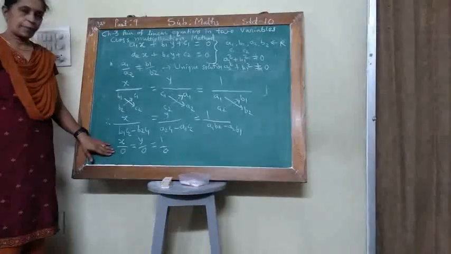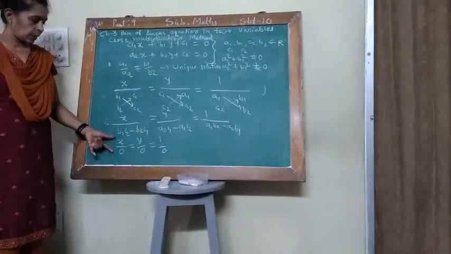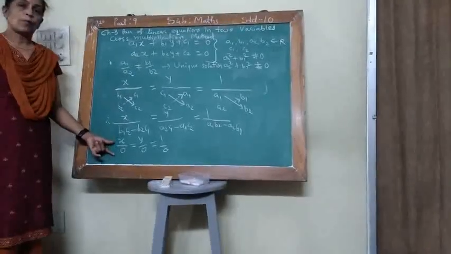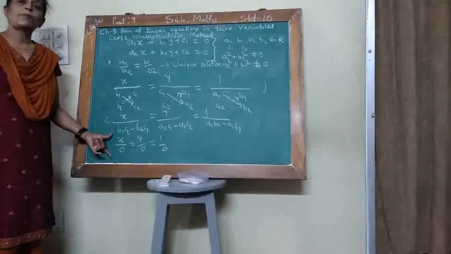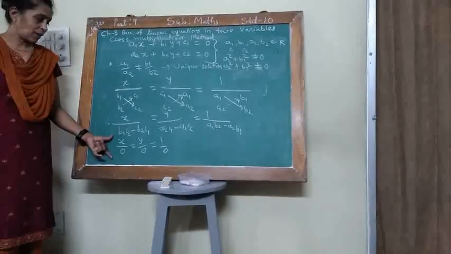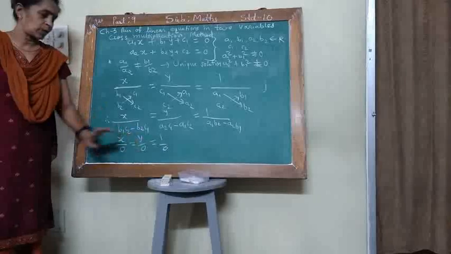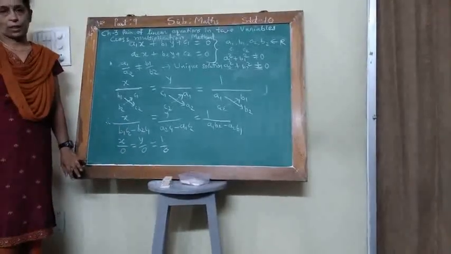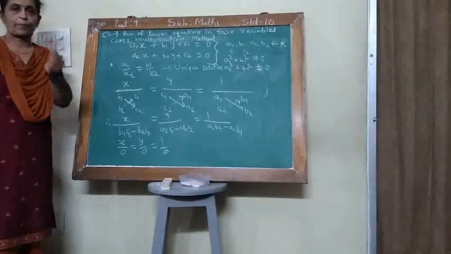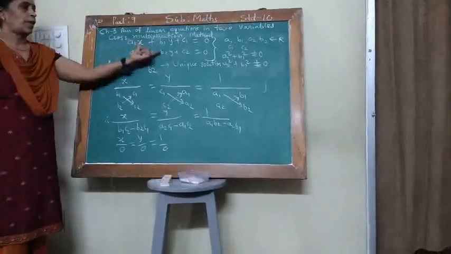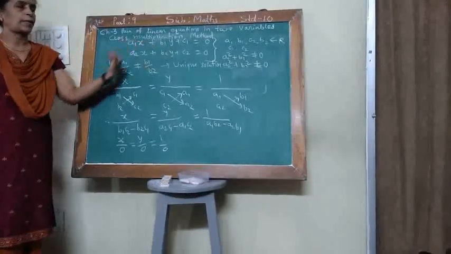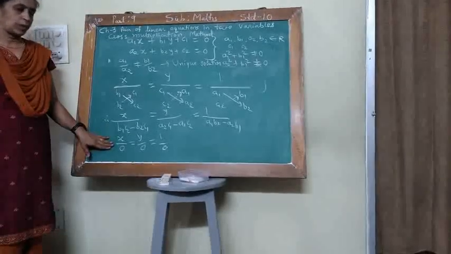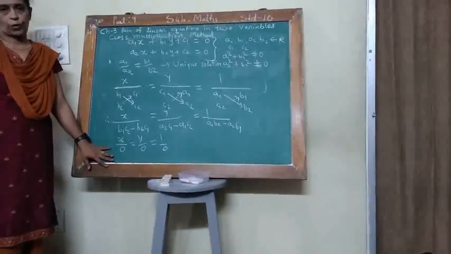Then that means a unique solution does not exist, but you get infinite solutions, because see here 0 upon 0, 0 upon 0. So infinite solutions exist. You don't get a particular value x equal to and y equal to, and if you substitute, it satisfies the solution. So if you get 0, 0 everywhere, then infinite solutions.